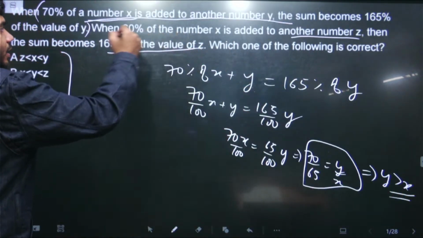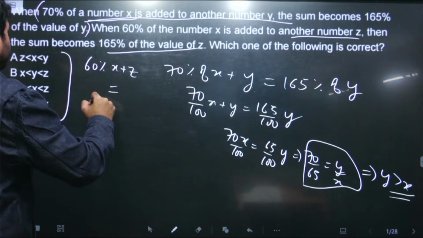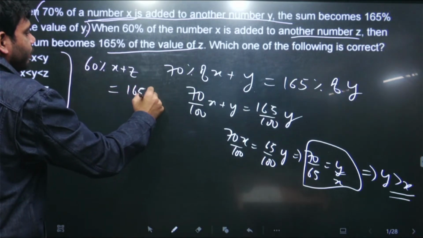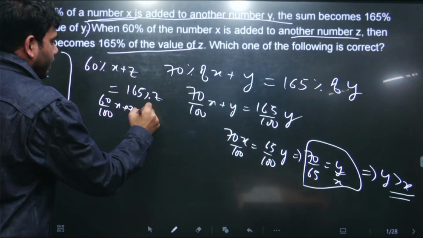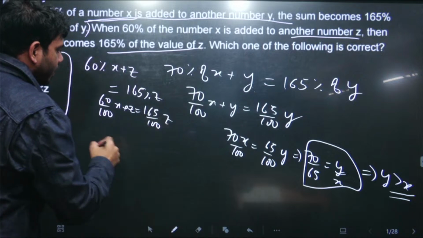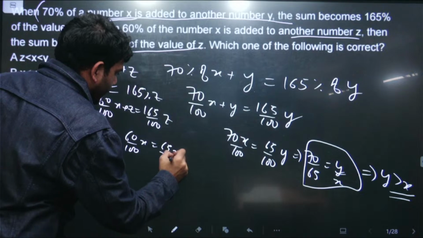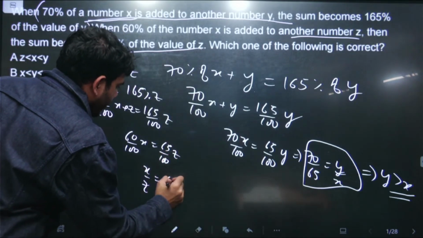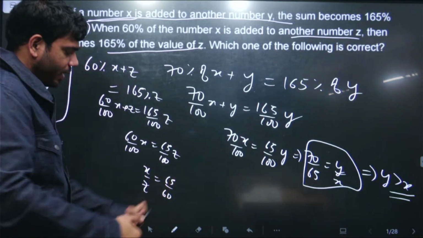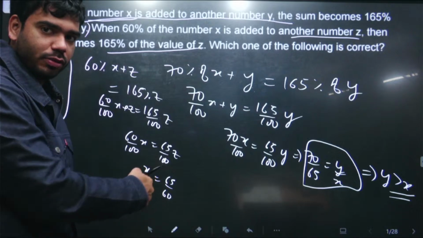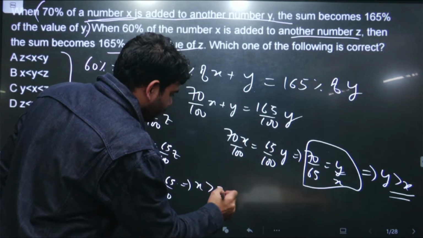So by this ratio very clearly we can say y is greater than x. This is what we get from this statement. And similarly from the second statement, it is saying 60% of x when added to another number z, then the sum will become 165% of the value of z. This is what we get. Simplifying this thing, again the same thing, the ratio on the right hand side 65 by 60 is the ratio of x to z, and here 65 is larger, so we can conclude that x is greater than z, right?